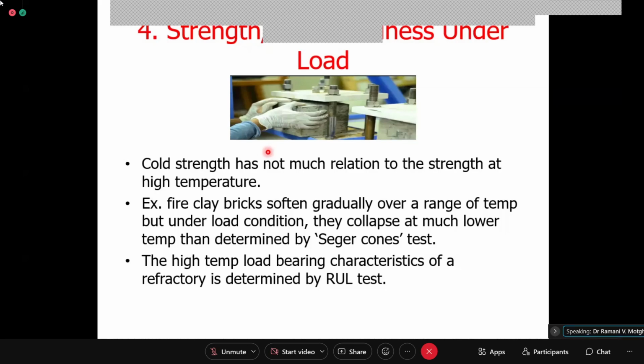Then the next important property is strength, that is refractoriness under load.